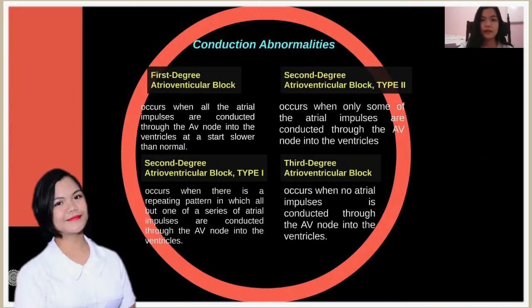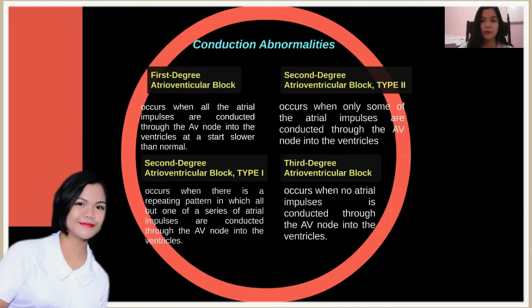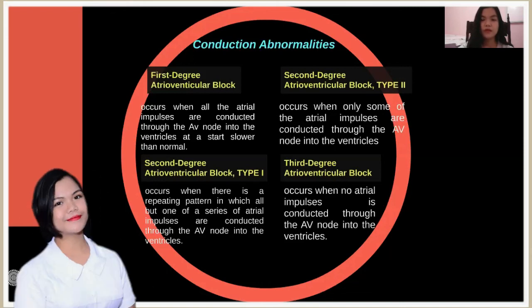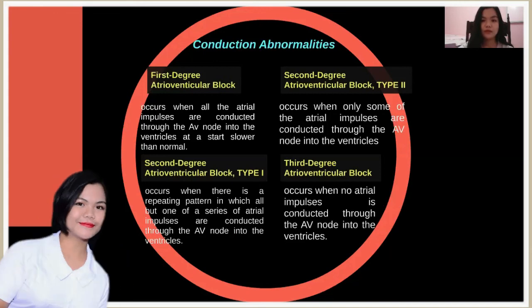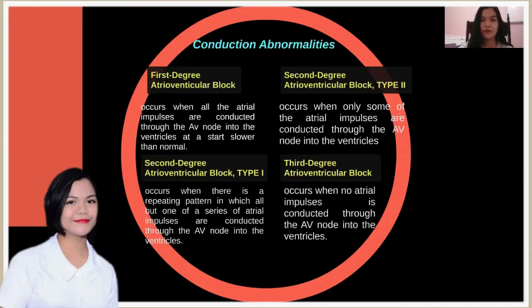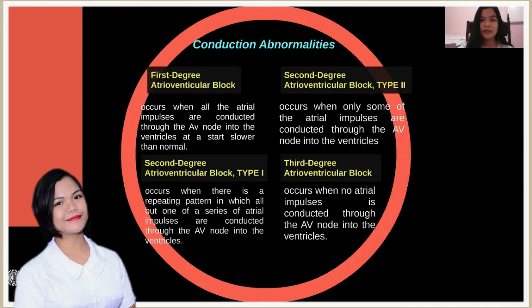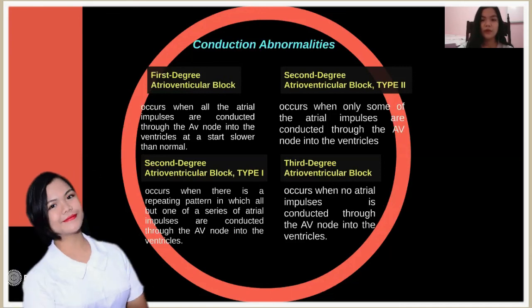The second degree atrioventricular block type 2 occurs when only some of the atrial impulses are conducted through the AV node into the ventricles. Lastly, the third degree atrioventricular block occurs when no atrial impulses are conducted through the AV node into the ventricles.